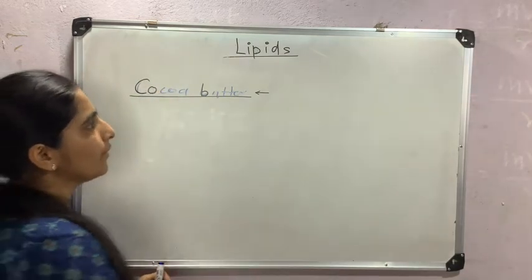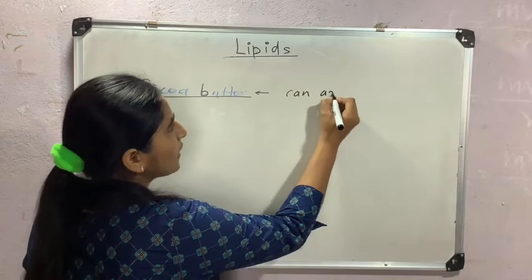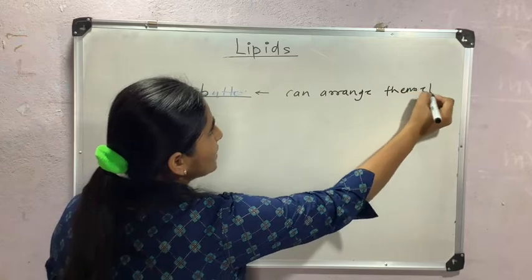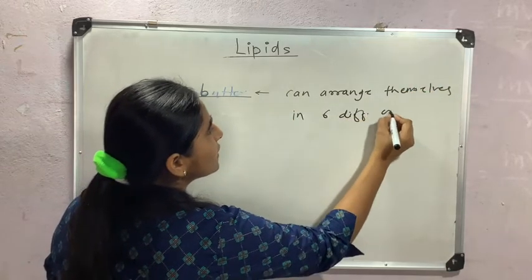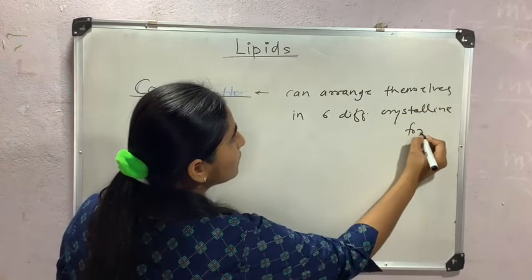This cocoa butter can arrange itself in 6 different crystalline forms.